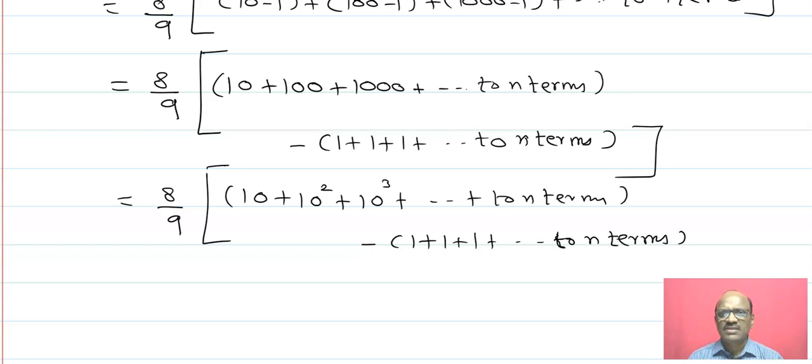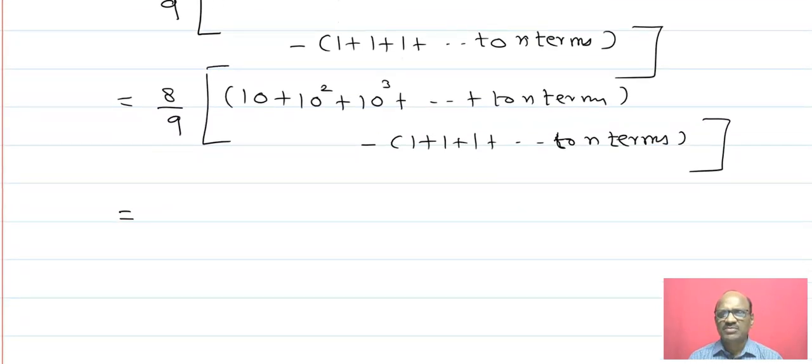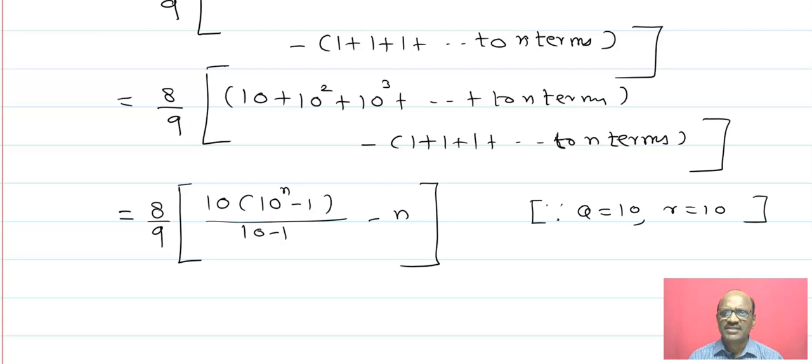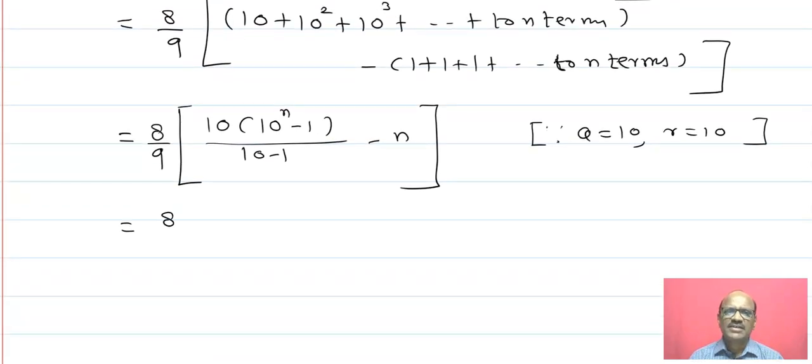Now 10 plus 10 square plus 10 cube is in geometric progression. A is equals to 10, r is equals to also 10. Therefore 8 upon 9 in bracket 10 in bracket 10 raised to n minus 1 upon 10 minus 1, and the sum of all the 1s up to the n, that is 1 into n is n.